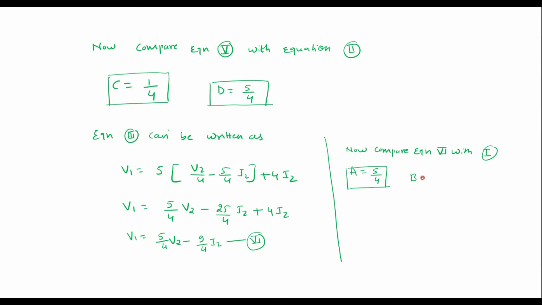Therefore B is equal to 9 by 4. So I can write the final answer as the ABCD matrix: A is 5 by 4, B is 9 by 4, C is 1 by 4 and D is 5 by 4. So these are the transmission parameters of the given circuit. Thank you for watching.